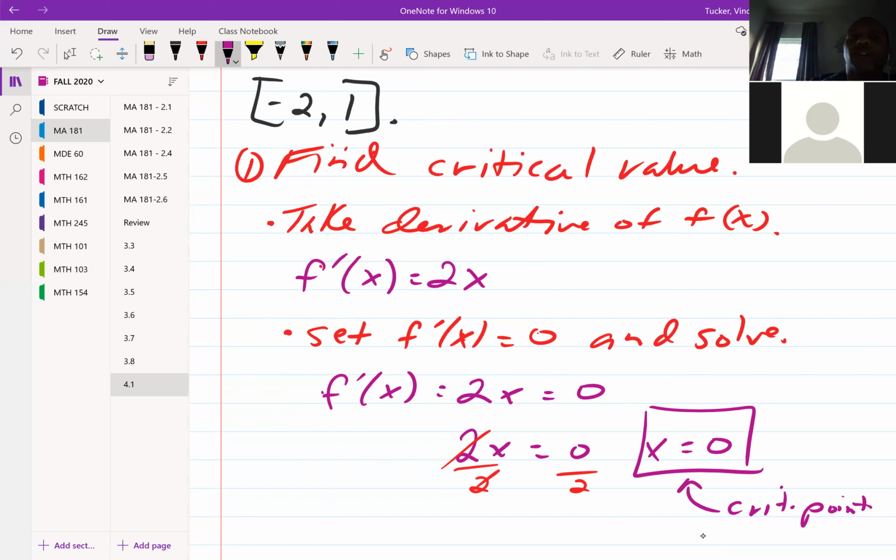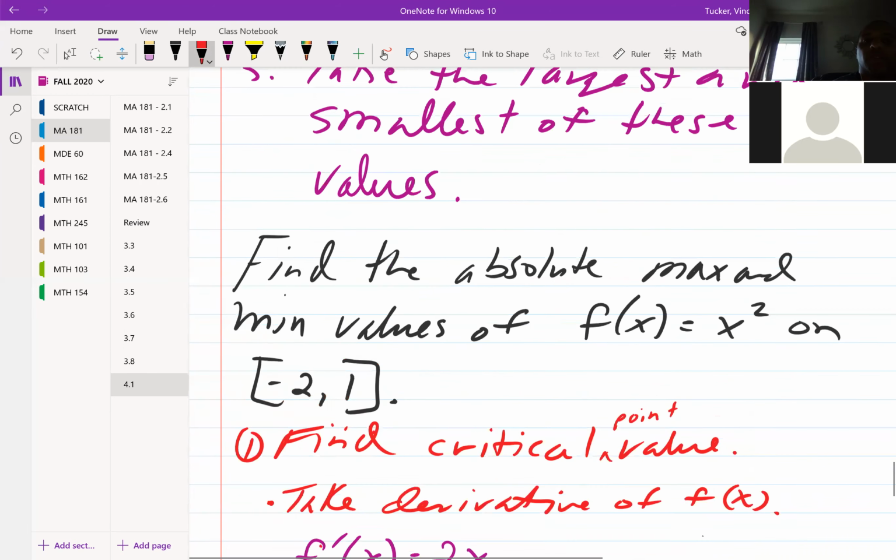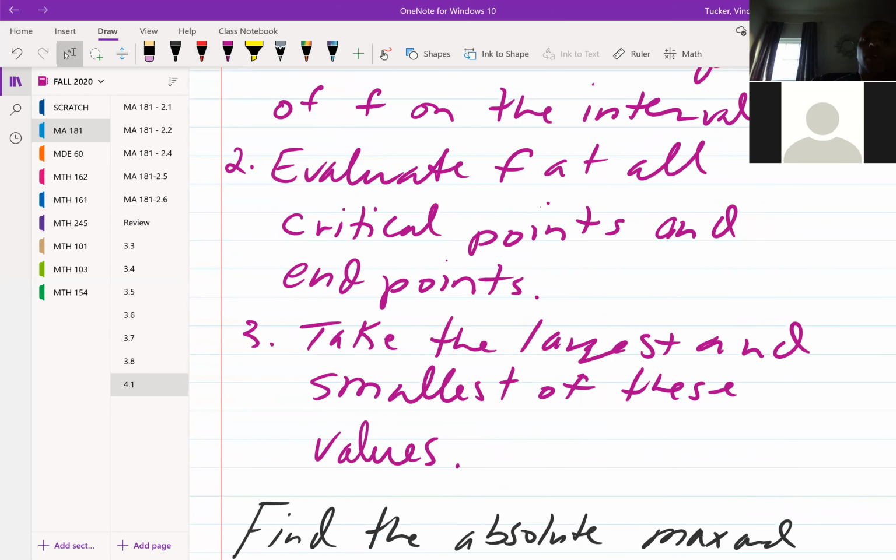I say critical value, you could have said critical point value. But all right, so we found our critical point. We only had one in this case. Now we evaluate all.